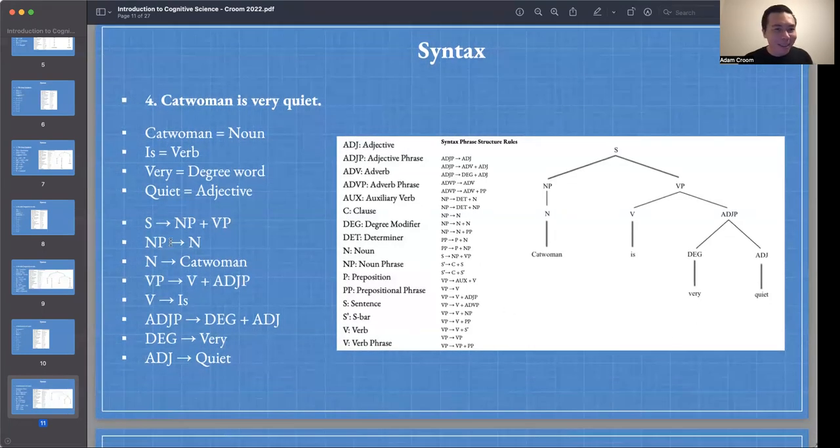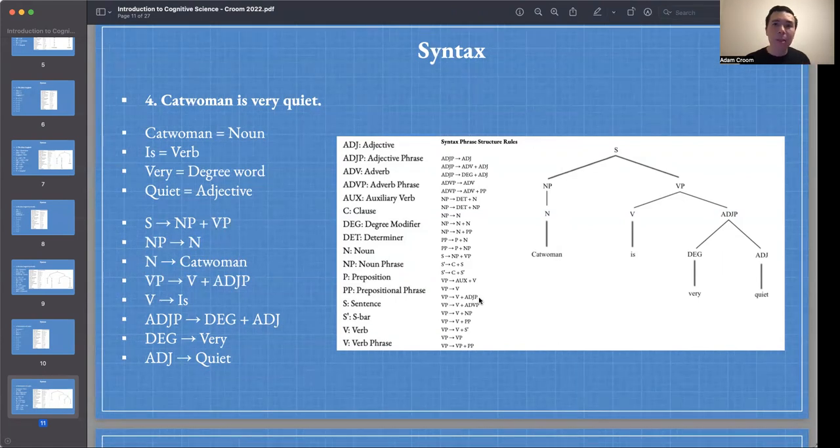These are the rules that allow or license each of these moves. We see that the sentence takes an NP and a VP, a noun phrase and a verb phrase. The noun phrase takes the noun, which is Catwoman. The verb phrase takes a verb and an adjective phrase, and we see that the rule for that is right here: the VP takes a V and an adjective phrase.